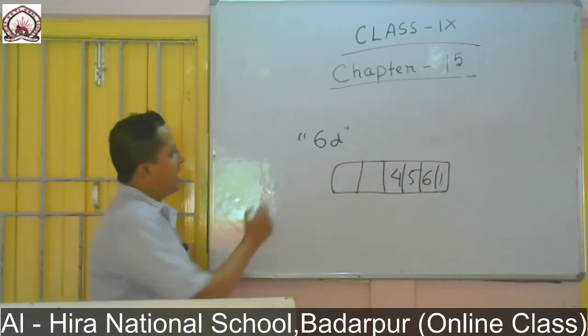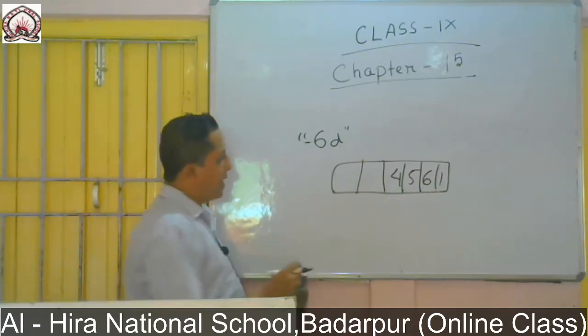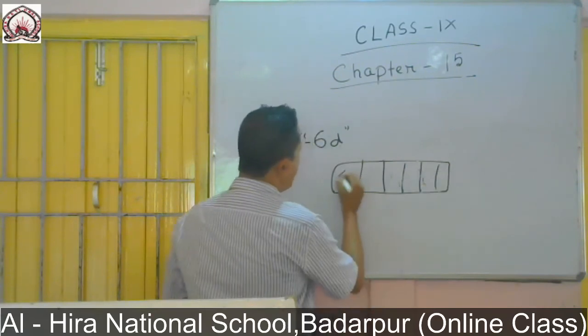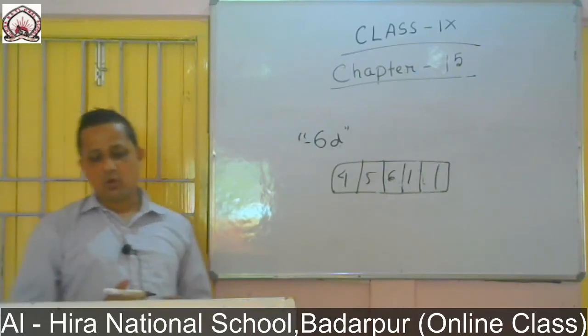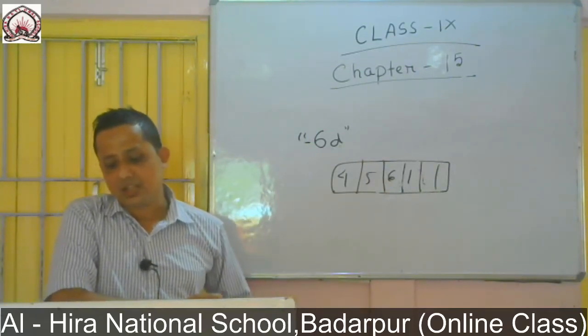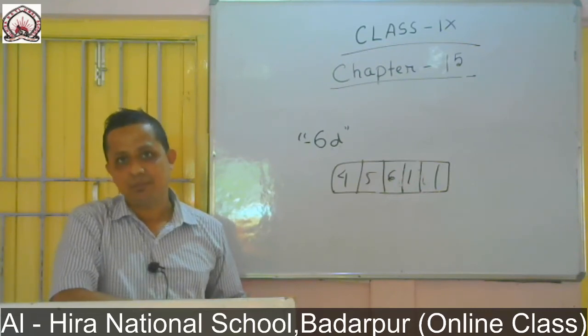Now say printf "%-6d". When you write minus 6d, what will happen? The 4561 will be printed first, and the 2 blank positions will be left empty, because it is mentioned that the blank space can be given at the end of the data item by placing a minus sign.